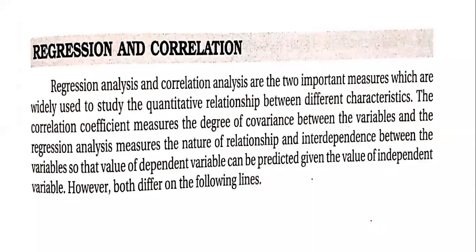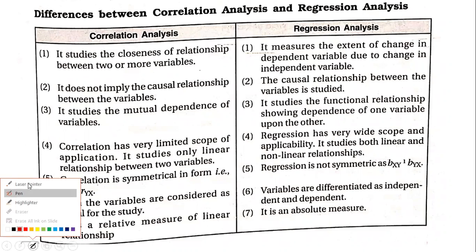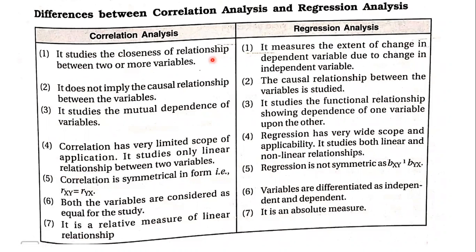Okay. Now, coming to the last part, to understand how regression and correlation have a little difference. In problems, you understood the difference. Now in theory, we will understand. First of all, correlation analysis studies the relationship between two or more variables.